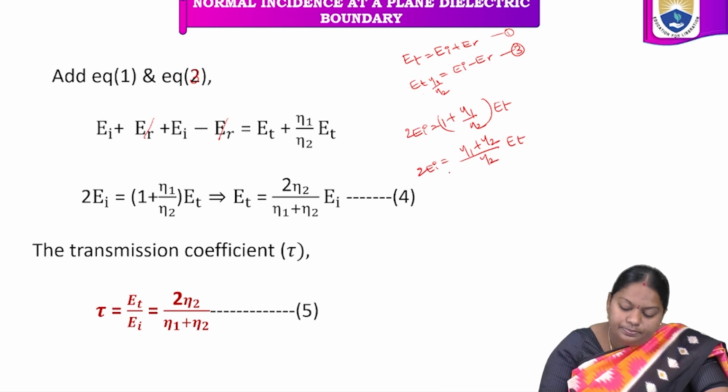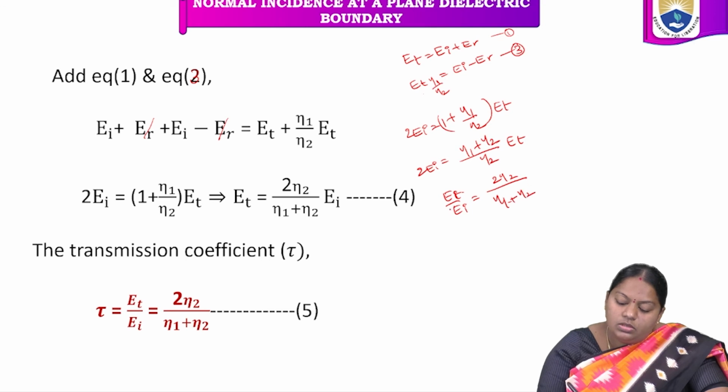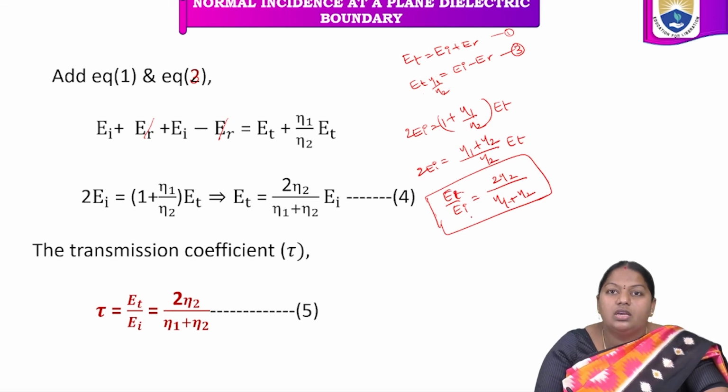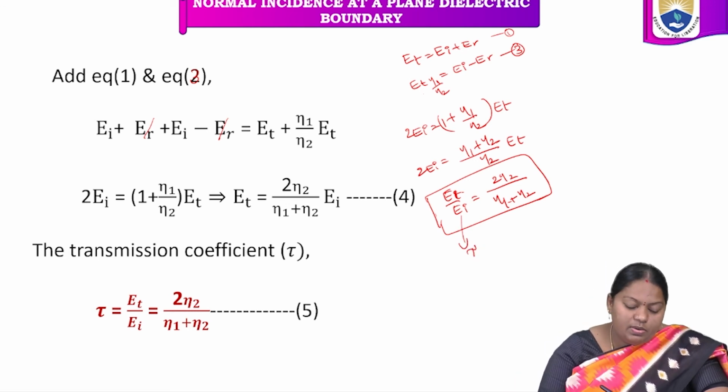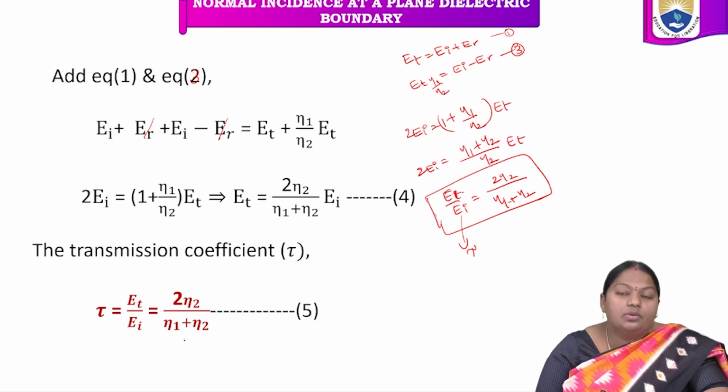Now from this, ET by EI equal to 2 eta 2 by eta 1 plus eta 2. It is the ratio of the transmitted wave field strength to the incident wave field strength, which is denoted by the transmission coefficient tau, and it is given by tau equal to ET by EI equal to 2 eta 2 by eta 1 plus eta 2, right?